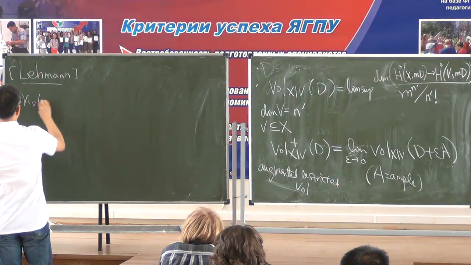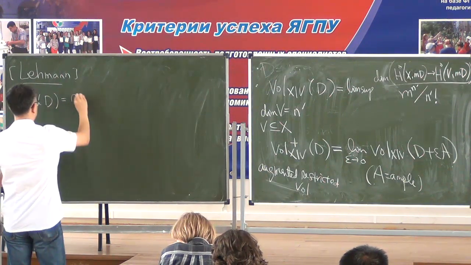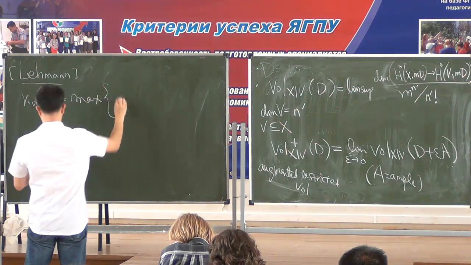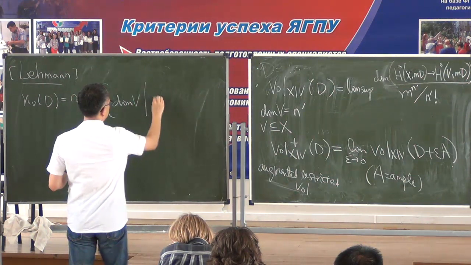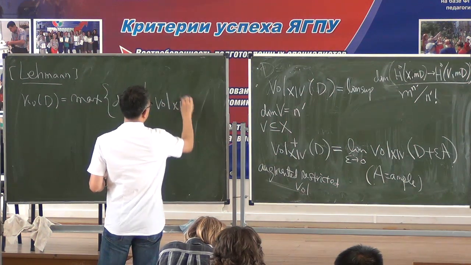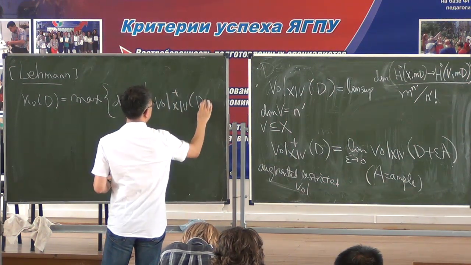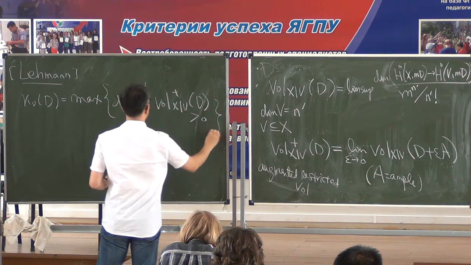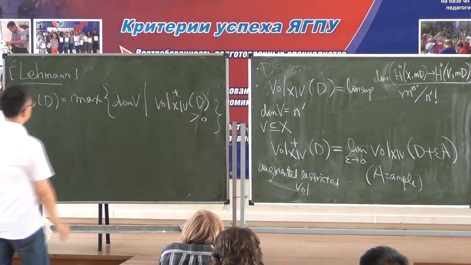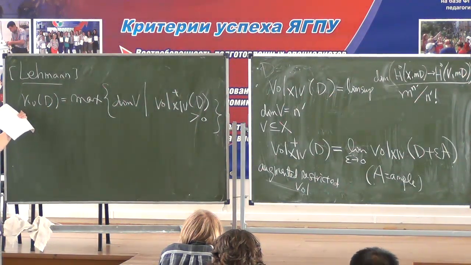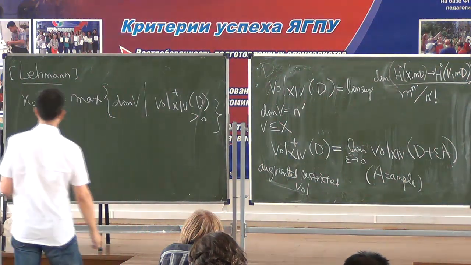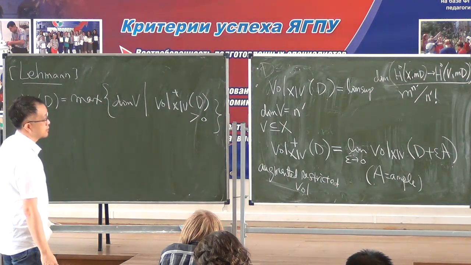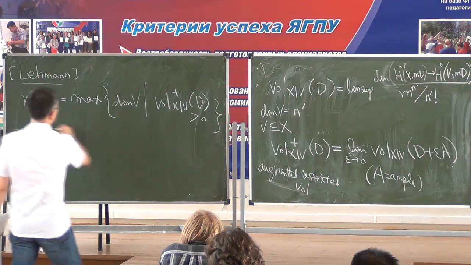So nu of D is the maximum of the dimension of B, over subvarieties B with positive restricted volume.